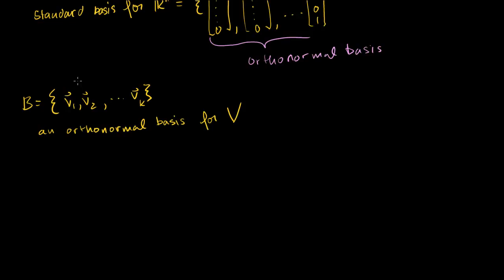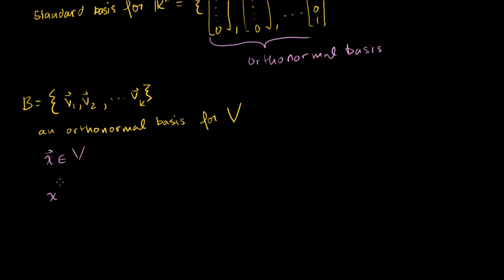But what does it mean to be good? I mean, the standard basis is good, but that's just because we use it and it seems to be easy to deal with. But when I say good in this context, what do I mean? So let's experiment. If I say that some vector x is a member of V, that means that x can be represented as a linear combination of these vectors up here.